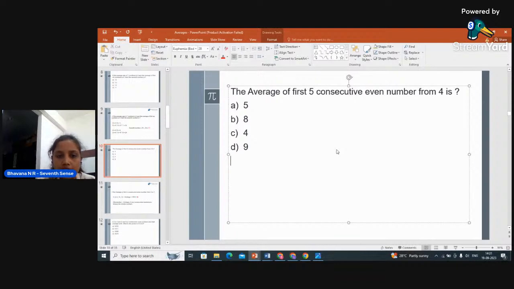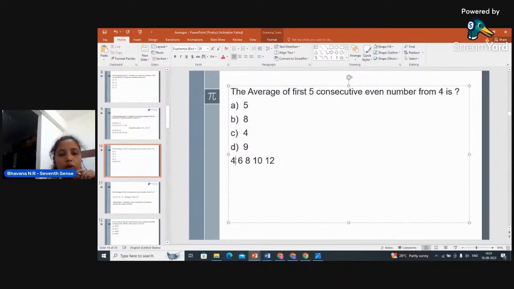These are the first even numbers from 4: 4, then 6, 8, 10, then 12. If 5 even numbers are there, it is a continuous series, right? So which number do we get in the middle?